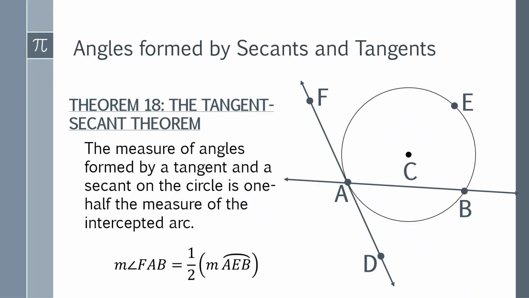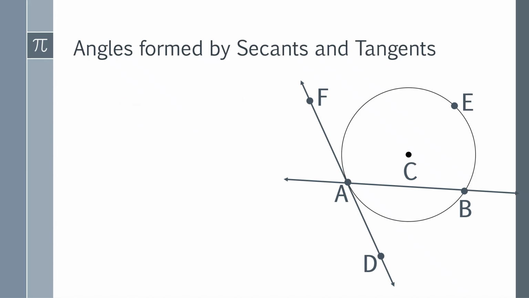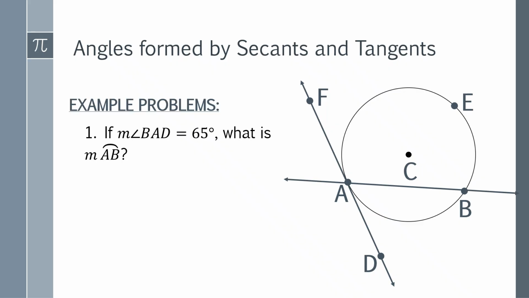Let's have problems regarding this theorem 18. Let's have example problems. Number 1. If the measure of angle BAD is 65 degrees, what is the measure of arc AB?